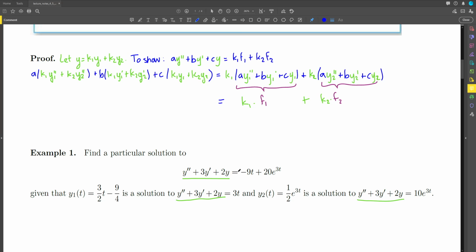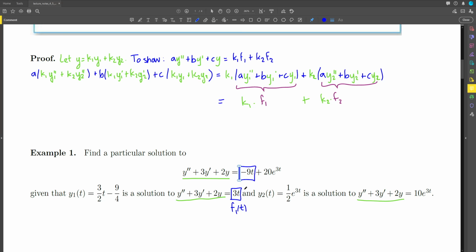Let's compare and find a function that's similar to that. When we look here, we see negative 9t and we see 3t here. So we can call this function f1, so that y1 is the solution to the differential equation where the right-hand side is f1.